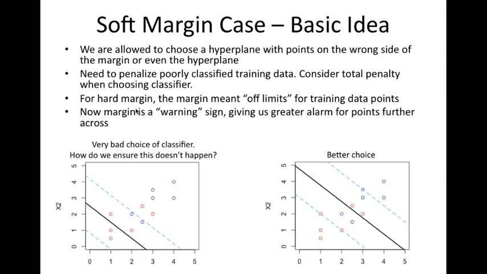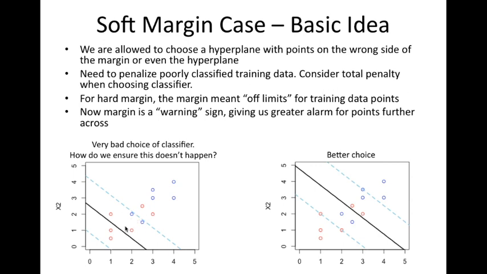So for the hard margin case, we thought of the margin as sort of an off-limits sign. It meant that cannot happen, there's just no way. Now, with soft margins, the margin is sort of a warning, and as you have more and more points misclassified further and further away, the alarm bells start going off more and more, saying don't use this particular classifier.